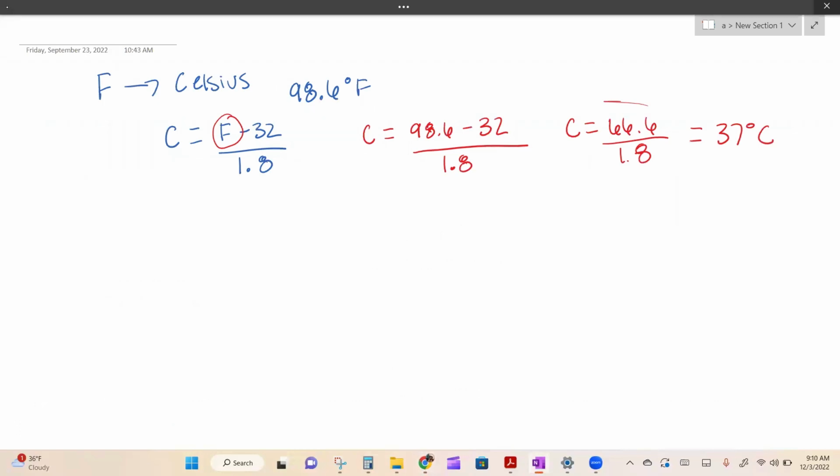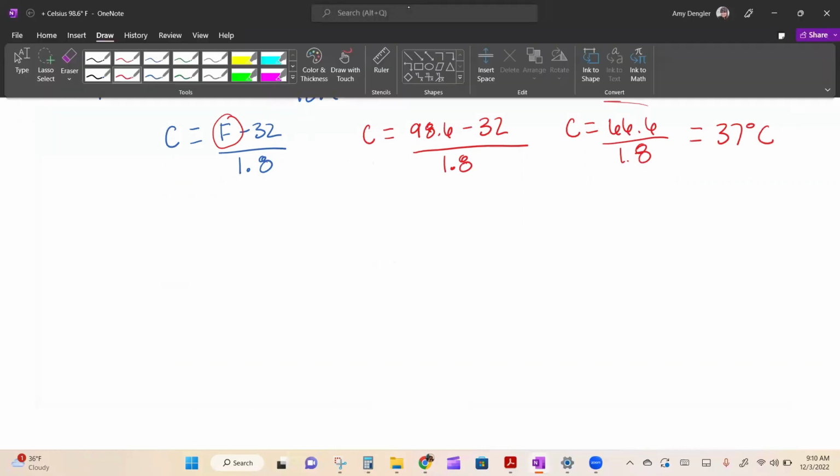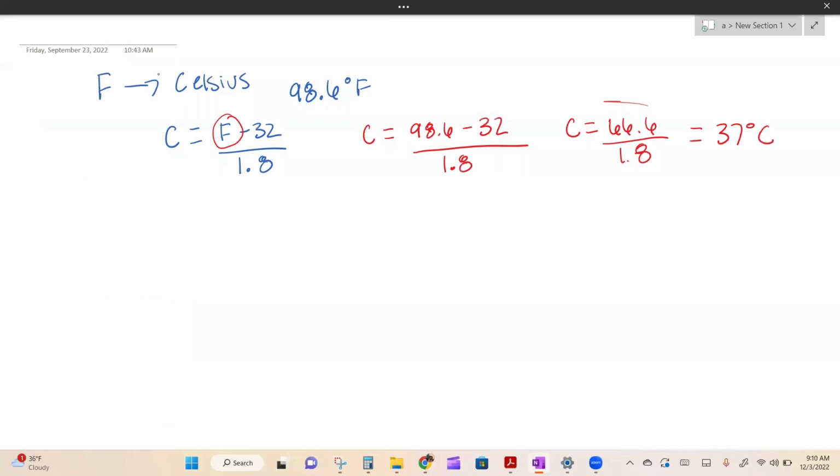So I'm going to rewrite the equation for this one. So C to F. F equals 1.8. Okay, so we're gonna do 100 degrees Fahrenheit.